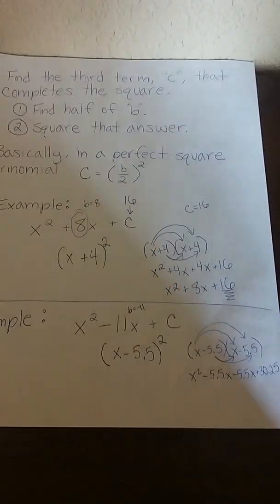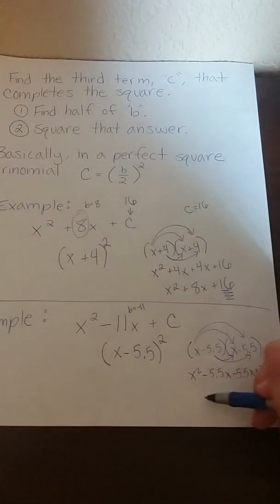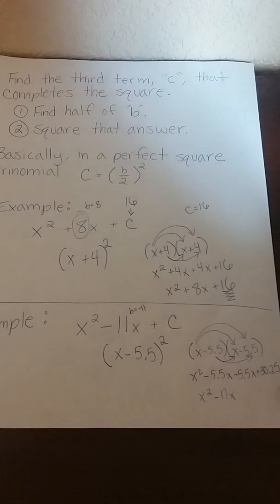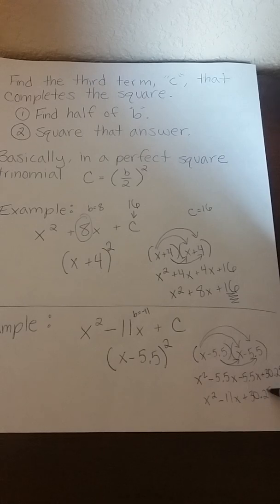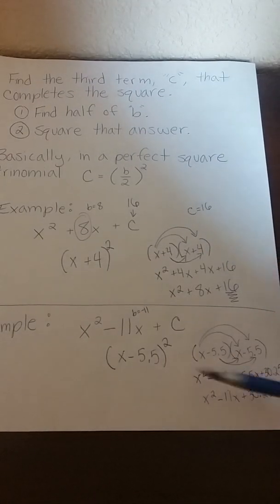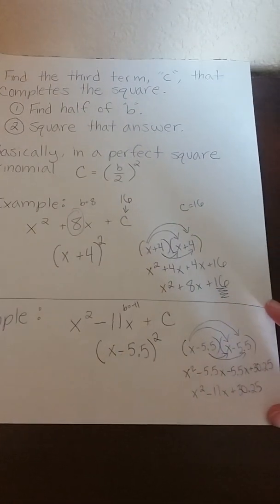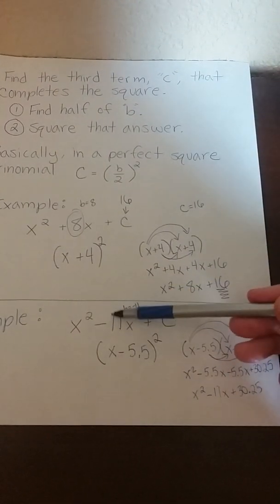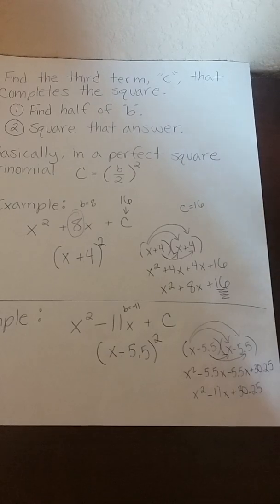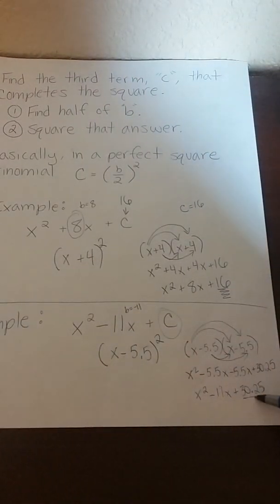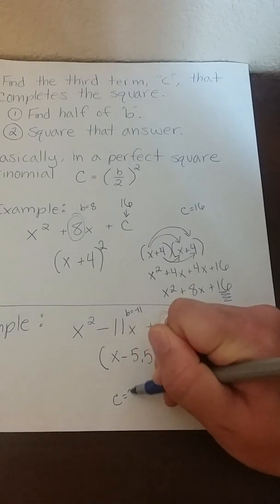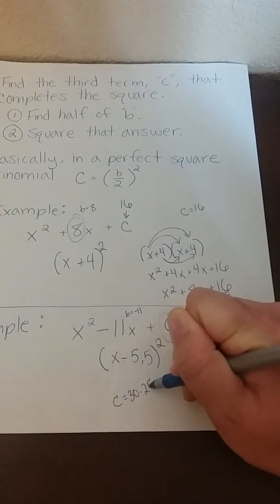Okay, if you put your like terms together here, this becomes x squared minus 11x plus 30.25. This is a perfect square trinomial because it came from something squared. It is the only perfect square trinomial that will have negative 11x as your b. So that means this missing c must be 30.25. So in this problem, c equals 30.25.